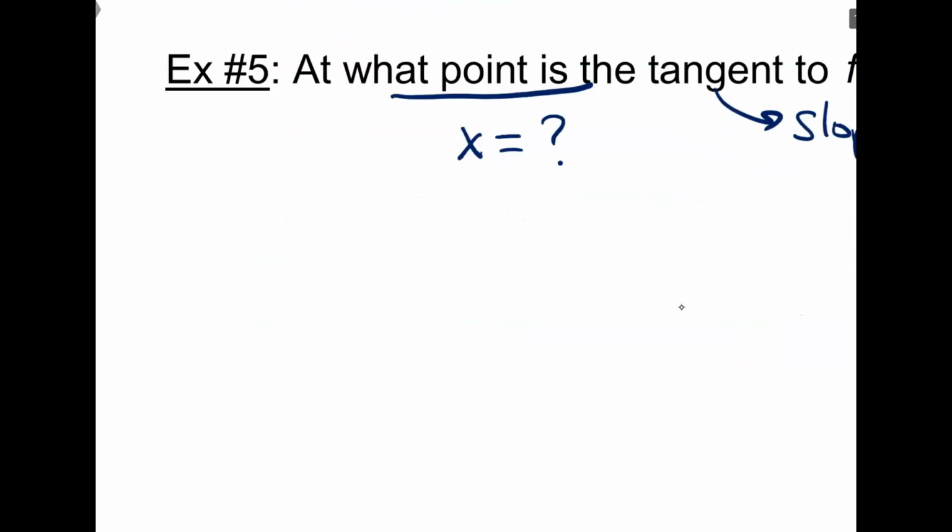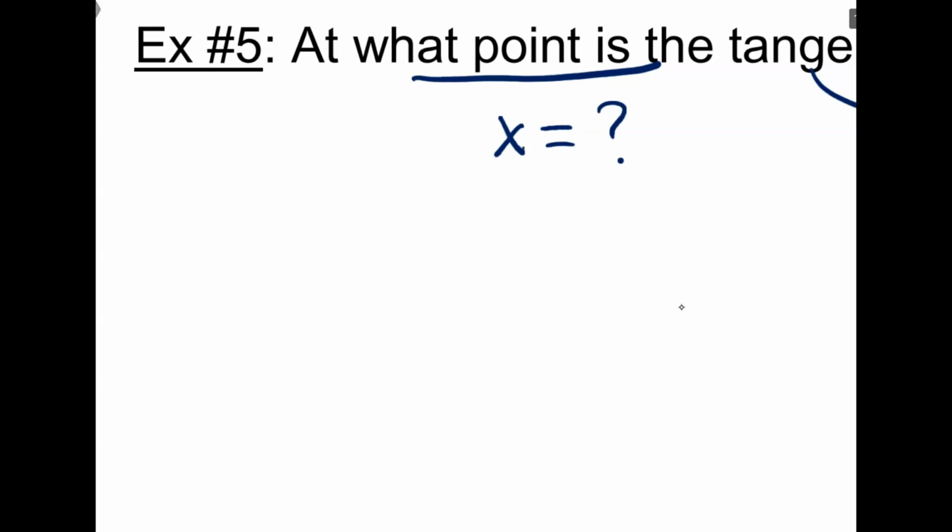Okay, so let's go ahead and let's find slope. Isn't the slope going to be 0? It's 3 and 1. What's the x value for where it's horizontal?